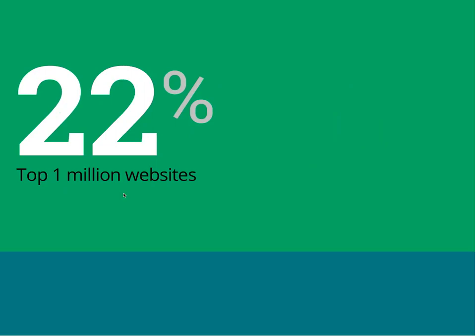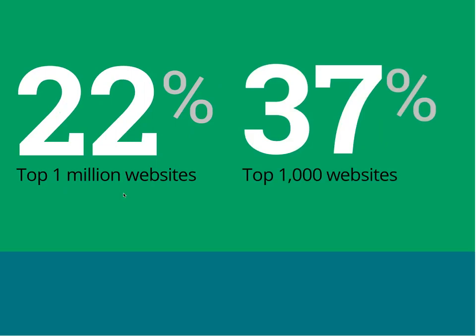However, if you drill down into the very, very busiest of those sites like Netflix, and Pinterest, and Flickr, then 37% of the top 1,000 websites by traffic deliver their web content and their web applications through the NGINX web server and web proxy.